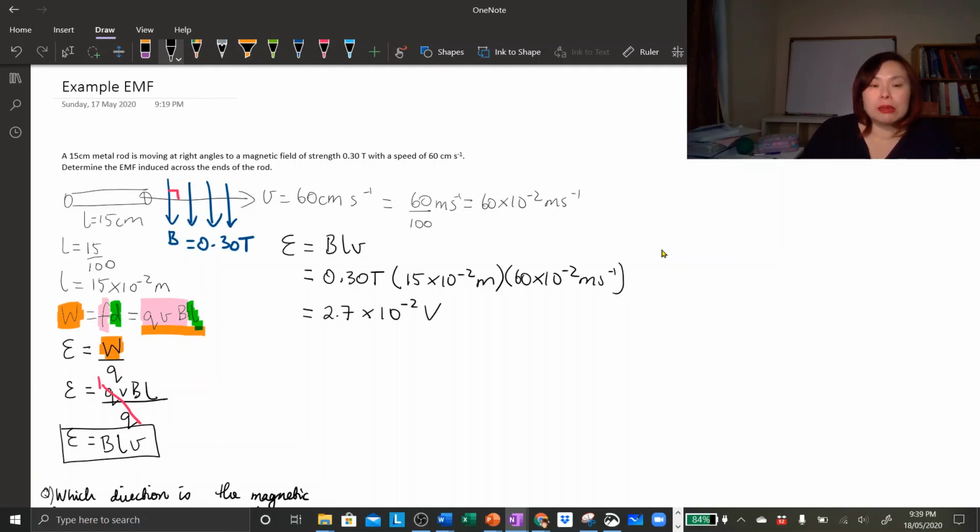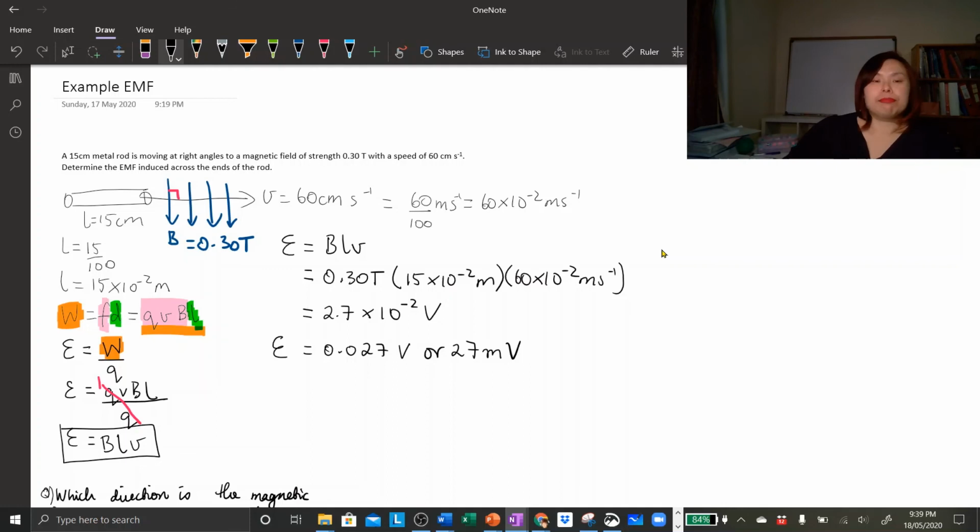This is the same as 0.027 volts or 27 millivolts. Now, these are all in two significant figures, so any of these versions can be used. So that is the voltage or the electromotive force induced by the magnetic field in the rod.